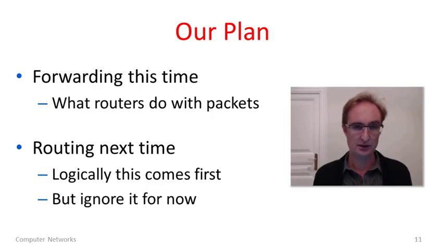So I'm going to ask you just to suspend disbelief for now, and just imagine that routers somehow magically know which way to send packets. What we're going to look at in the upcoming segments is how they actually send those packets on their way, because there's quite a lot involved in that. Okay, now that we've got this distinction in mind, let's go for it and find out how the internet and IP work.